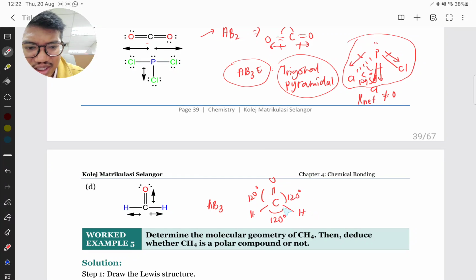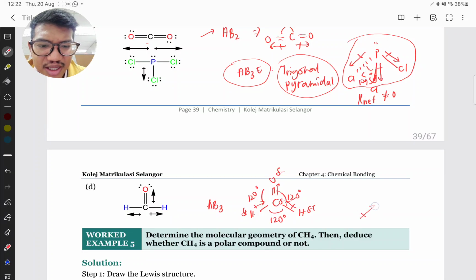So between this is hydrogen and carbon. Carbon is more electronegative, delta positive, and this is delta negative. And because of that, kita ada arrow like this, and like that. So if we were to draw the vector diagram, it would be like this.